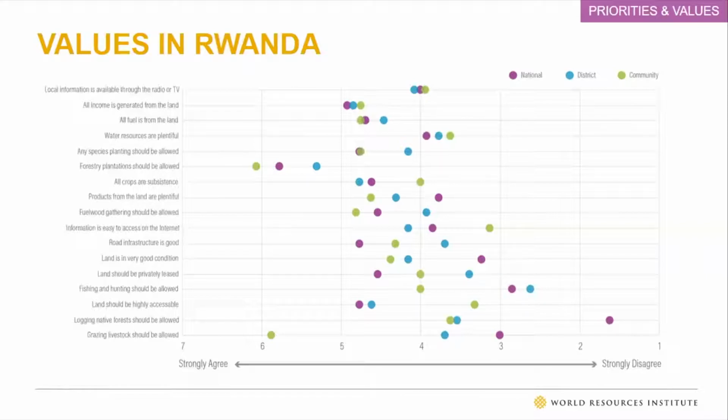There's strong agreement between the national, district, and community level about this, and this is how you could get information to the different scales. But if you look at attitudes towards grazing, so whether grazing livestock should be allowed, you can see great disagreement at the bottom of the scale here between the community and the national level.